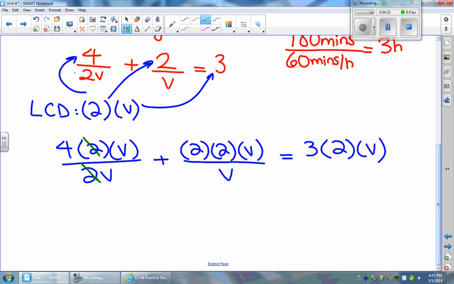So I'm going to notice that 2v cancels in the first term, just v cancels in the second term, and nothing cancels in the third term. So I'm left with 4 plus 2 times 2, which is 4, is equal to 6v. 3 times 2 is 6 times v.